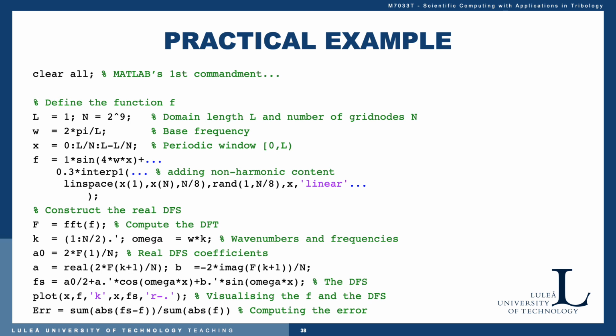And we also take some time to evaluate the error or the differences between these two representations. So we measure the absolute value of the difference between the Fourier series representation and f, and then we sum this, we divide or normalize by the absolute value of the f's, and we get a normalized error.